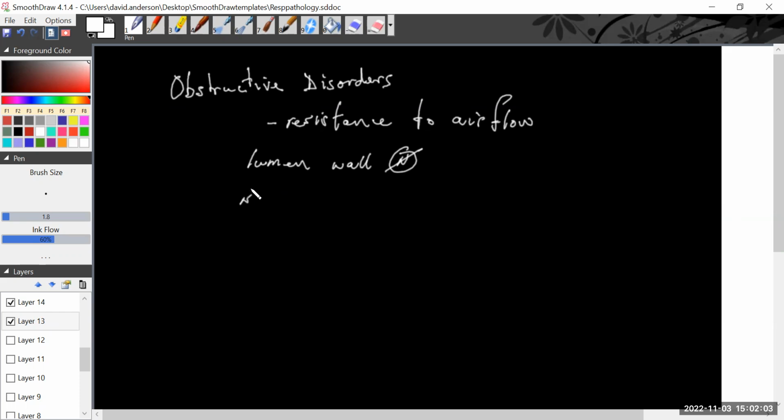Or there's abnormal pressure on the opening of the airway. That's what happens if there was a tumor.